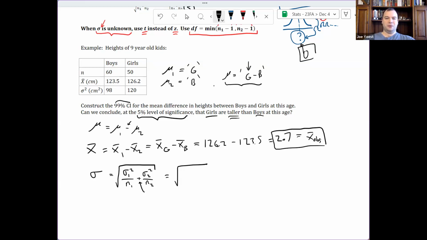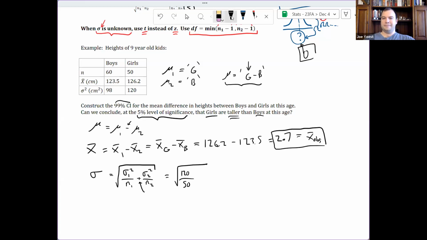So the girls are 1. So sigma 1 squared is 120. 120 over n1, which is 50. It is important that the 120 goes with the 50 and the 98 goes with the 60. Oh, made a little mistake there. 120 is sigma squared, so we don't want to square it again.